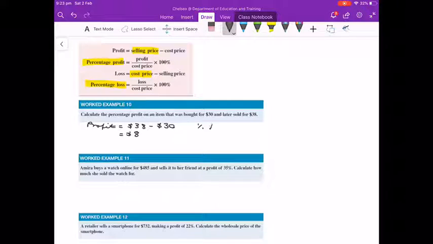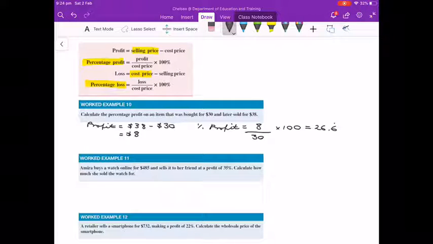So if we were going to find the percentage profit, we would have $8 over the cost price, which was $30, and we would times that figure by 100 because that will give us a percentage, and the answer is 20.6 recurring percent. And you could round that to a whole number if you decided to.